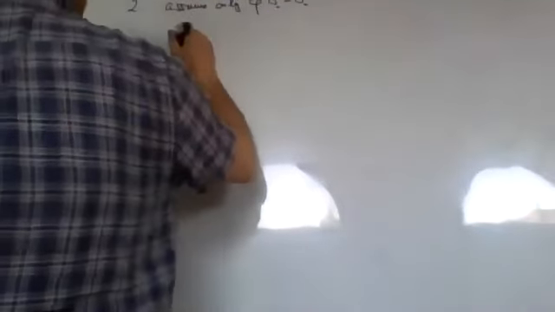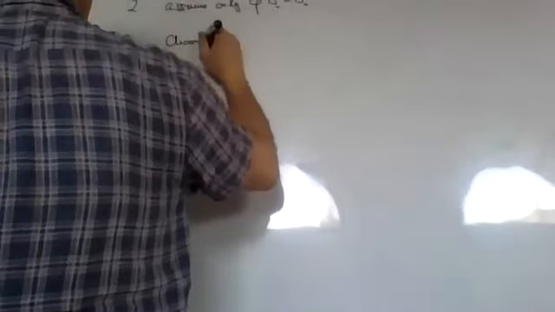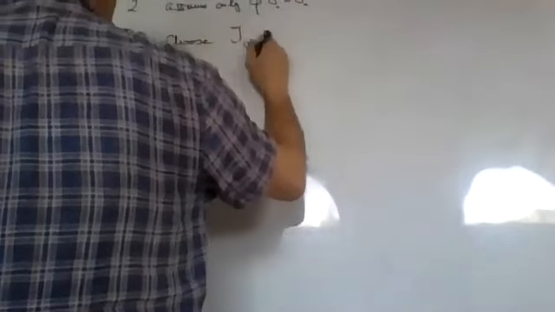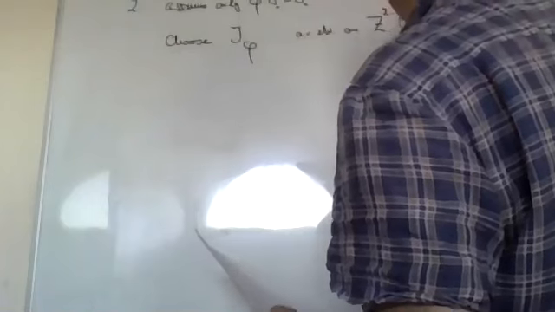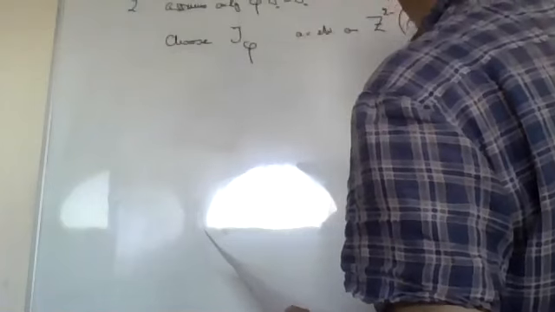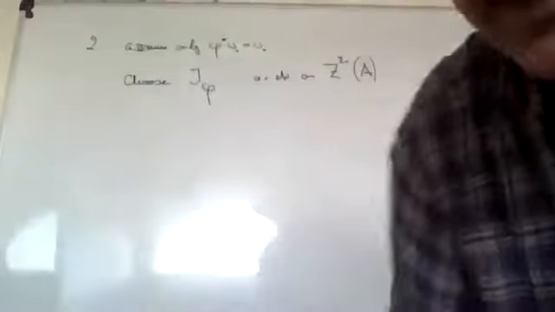And I repeat, we choose the J, I call it J phi, an almost complex structure on the cylinder. So this is my notation for the cylinder: the ball crossed the disk.